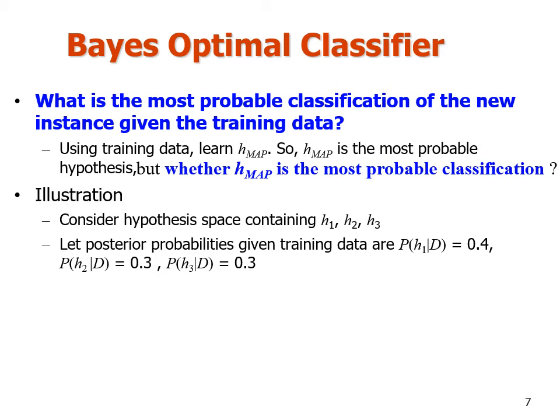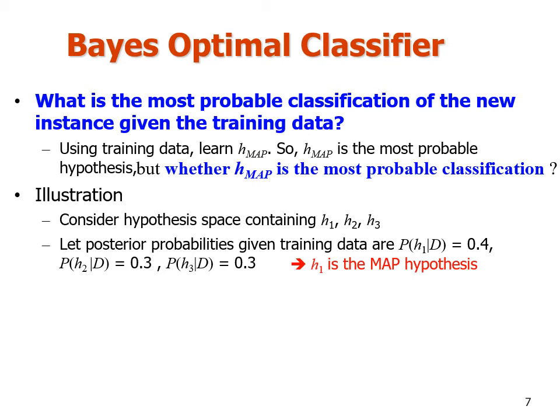Probability of H1 given D is 0.4, probability of H2 given D is 0.3, and probability of H3 given D is also 0.3. So, obviously we may conclude that H1 is the MAP hypothesis, because H1 gives us the maximum probability of H given D.